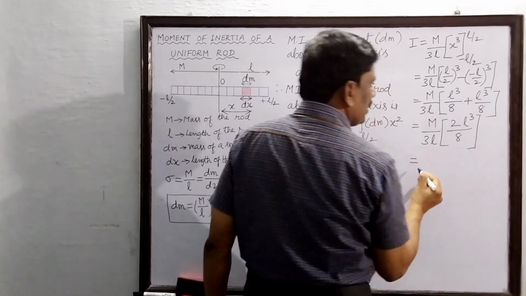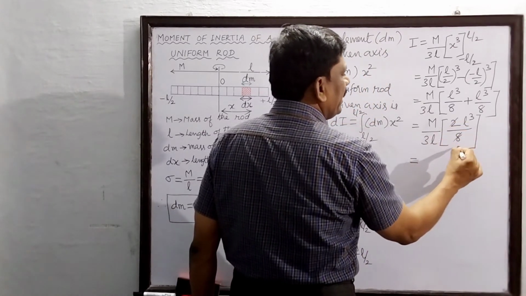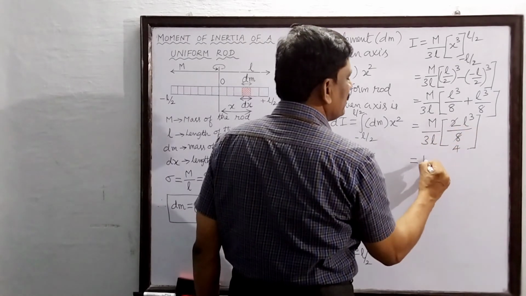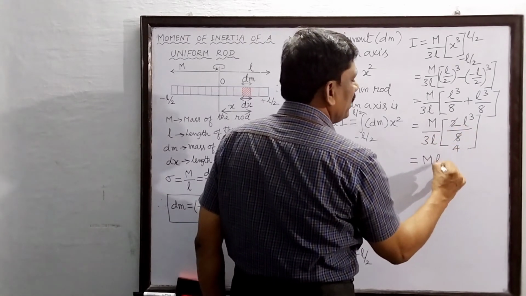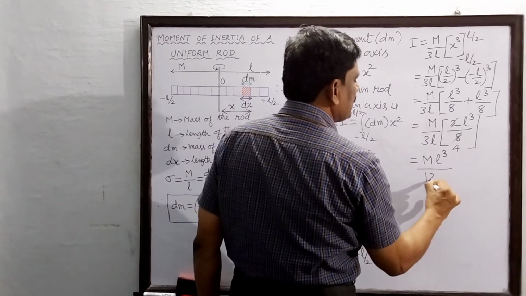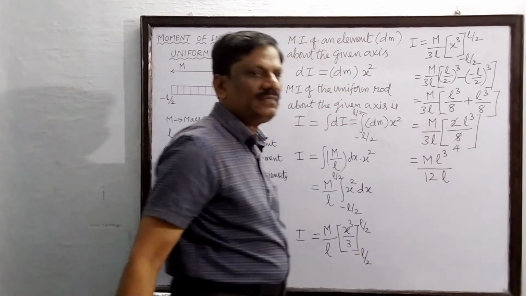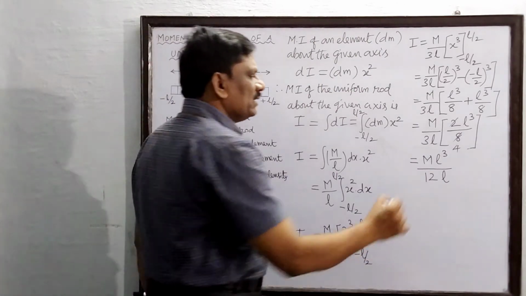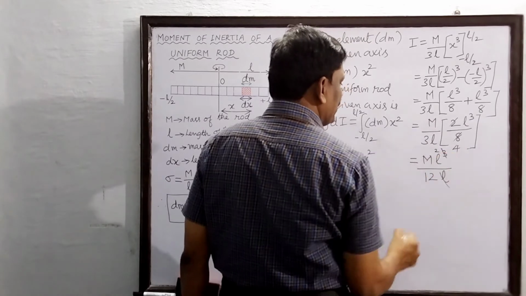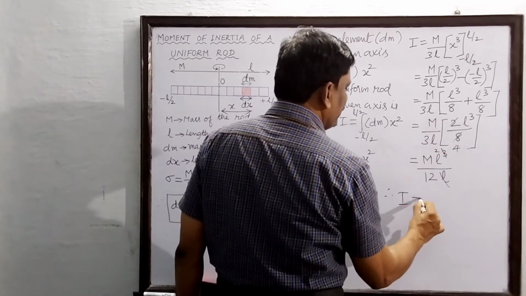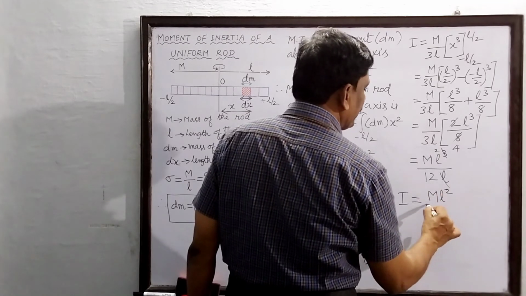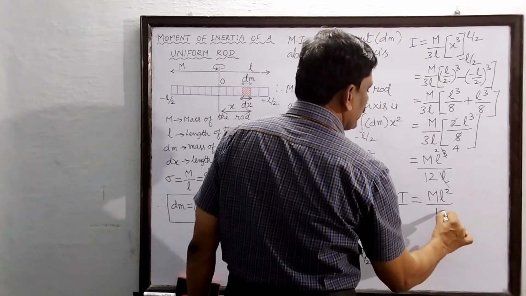So this is equal to, now this 2 and 8 can be cancelled, 4 times. So this is M into L cube divided by 4 3s are 12, so this is 12L. Once again L cube divided by L, so this will be cancelled. This becomes L square. Therefore the moment of inertia I is equal to ML square divided by 12.